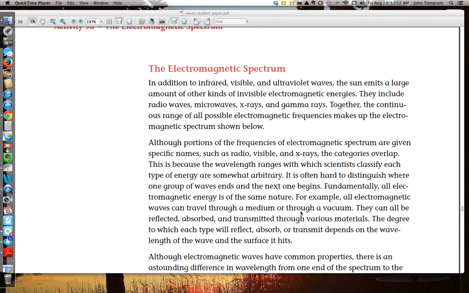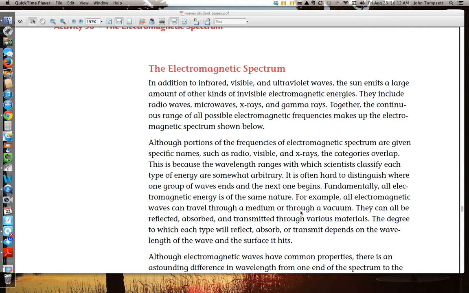The electromagnetic spectrum. In addition to infrared, visible, and ultraviolet waves, the sun emits a large amount of other kinds of invisible electromagnetic energies. They include radio waves, microwaves, X-rays, and gamma rays. Together, the continuous range of all possible electromagnetic frequencies makes up the electromagnetic spectrum shown below.